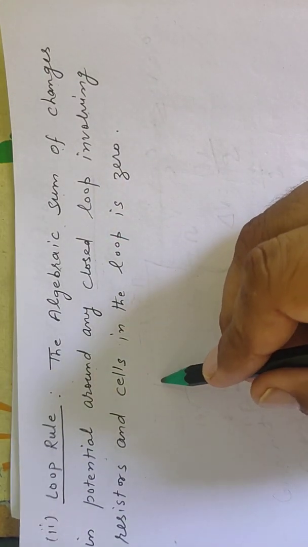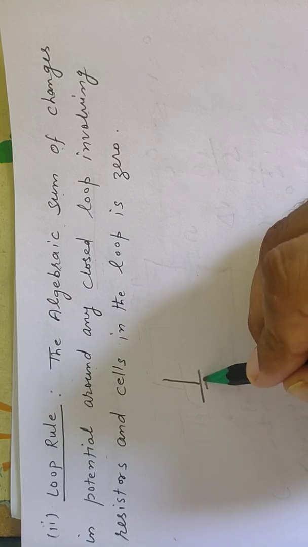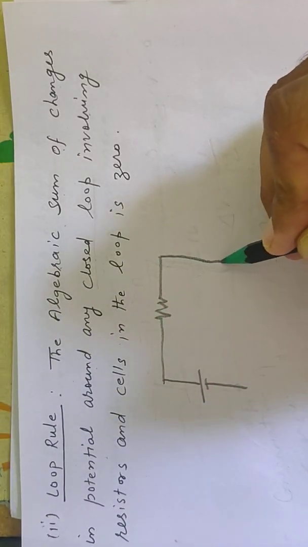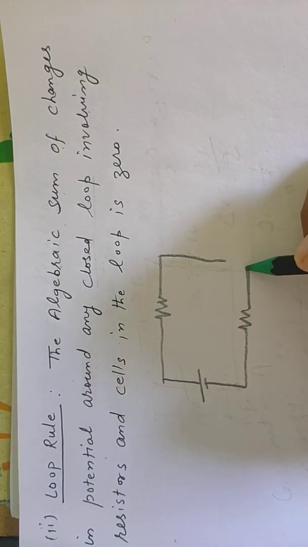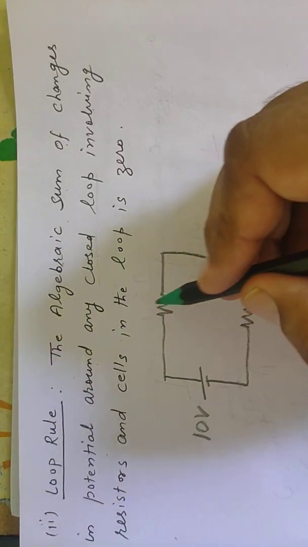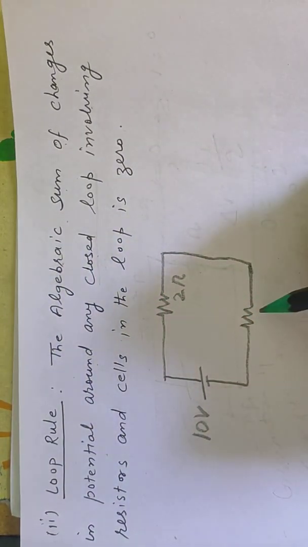Now let us consider this circuit. Here this is a 10 volt cell, this is a 2 ohm resistance, and this is a 4 ohm resistance.